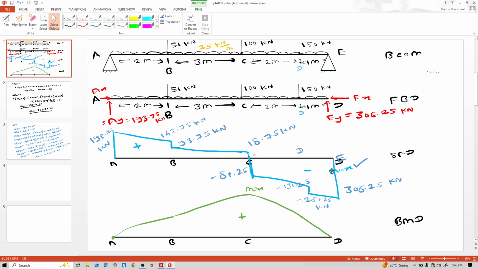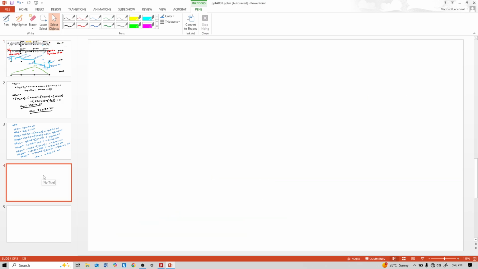So it is correct. Now next we will calculate the bending moment.